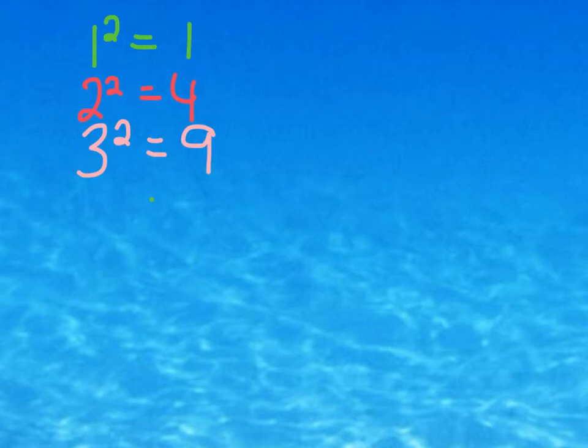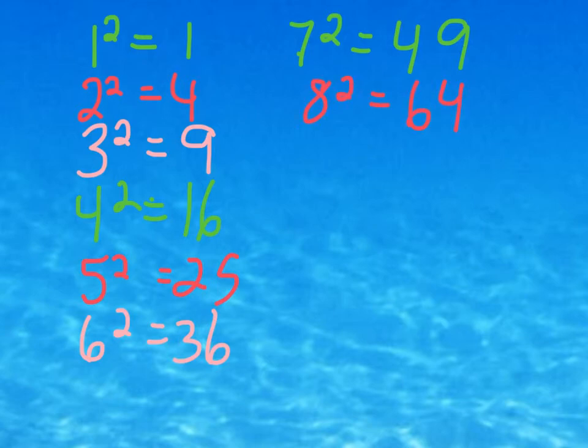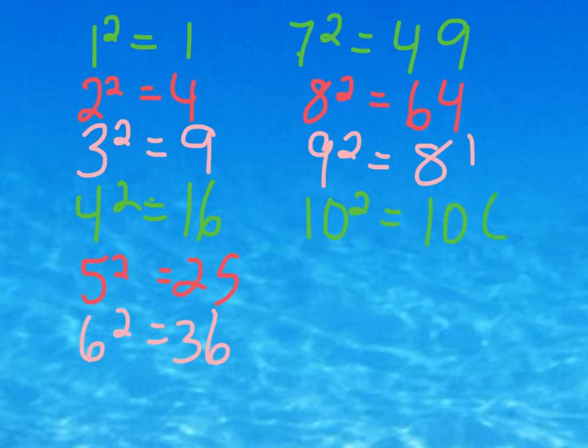So 1 squared, that's 1 times 1, so you get 1 for that. 2 squared is 4. 3 squared is 3 times 3, so 9. 4 squared would get you 16, that's 4 times 4. 5 squared is 25. 6 squared is 36. 7 squared is 49. 8 squared would be 8 times 8, that's 64. And 9 times 9 would be 81. And finally, 10 squared would be 100.